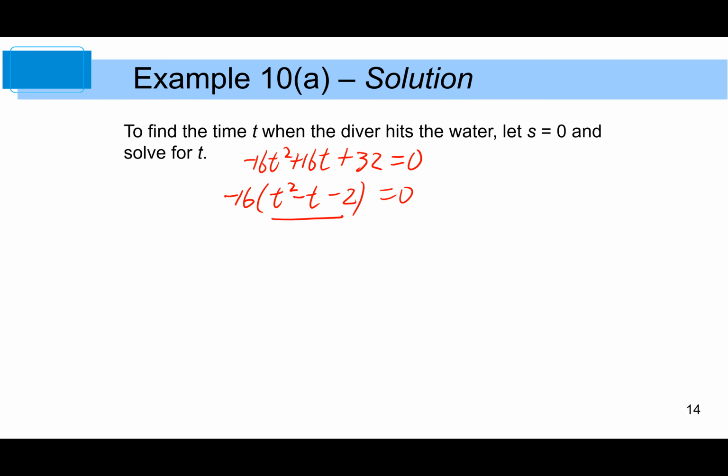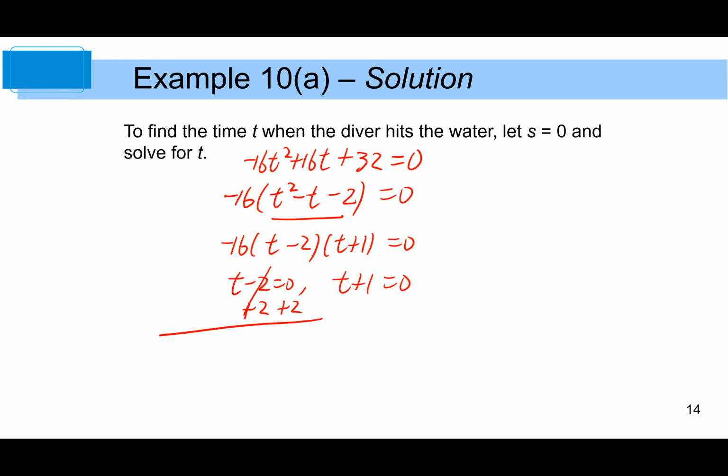Inside the parentheses, the quadratic equation factors as t minus 2 times t plus 1 equals 0. Using the zero factor property, set t minus 2 equals 0 and t plus 1 equals 0. For the first equation, add 2 to both sides, t equals 2. For the second equation, subtract 1 from both sides, t equals -1.